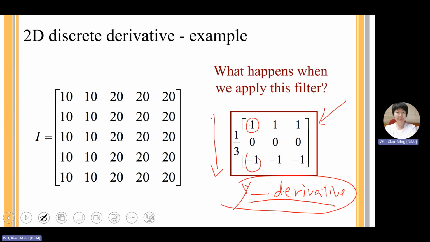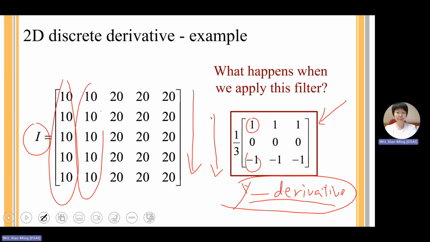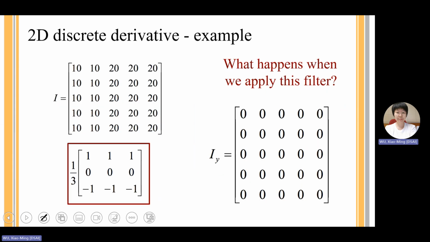And we already know that in this image, there isn't any vertical change because each column has the same value. So apparently, we do not need to do any calculation, and we can immediately infer the result of applying this filter.